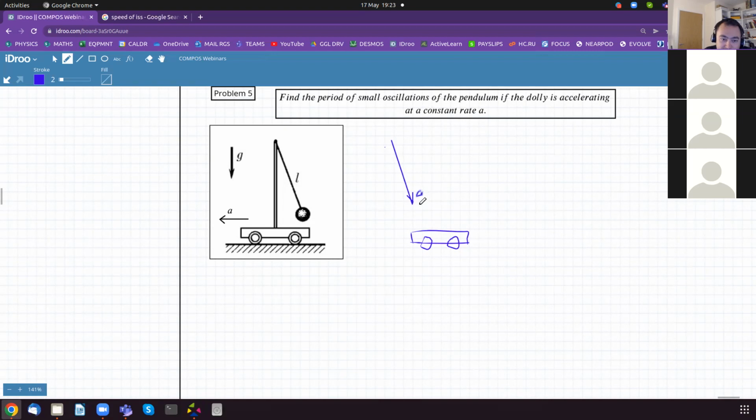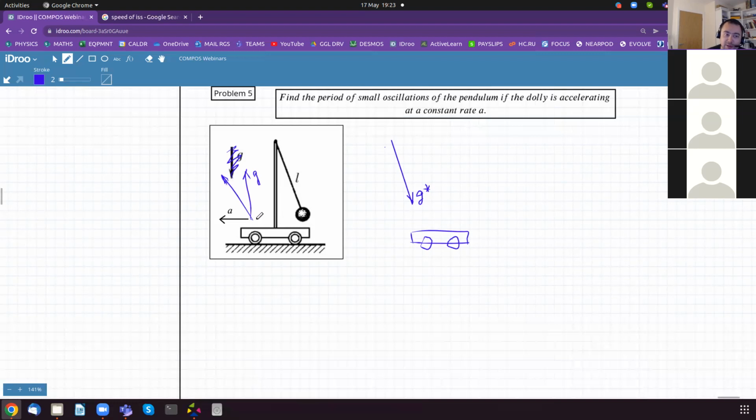Let's call it the perceived gravitational field, which would be exactly the same as if there was no g, but the ground and everything was accelerating upwards with acceleration g, and the total acceleration would be this.